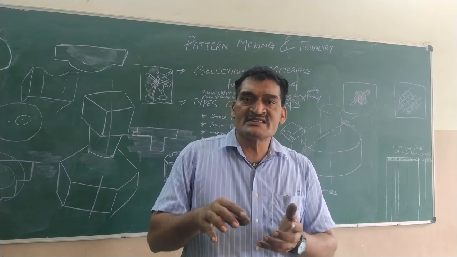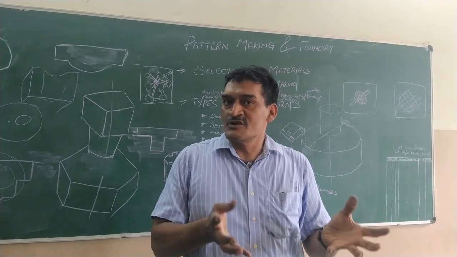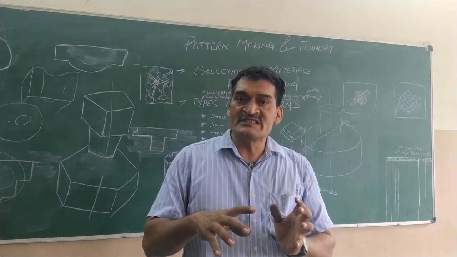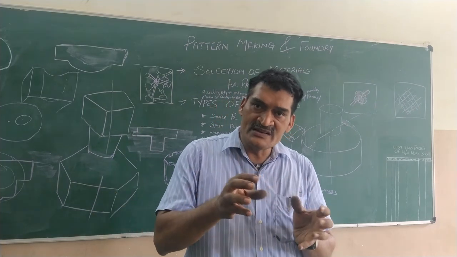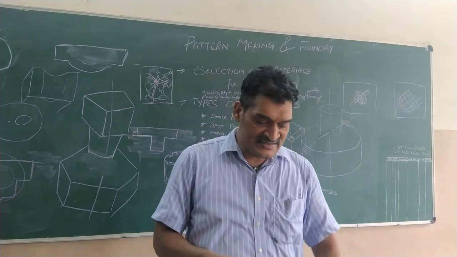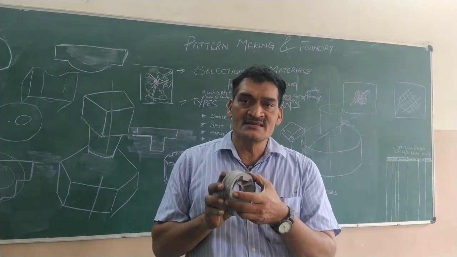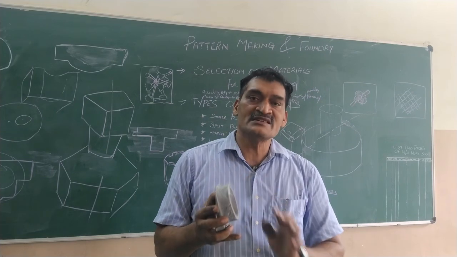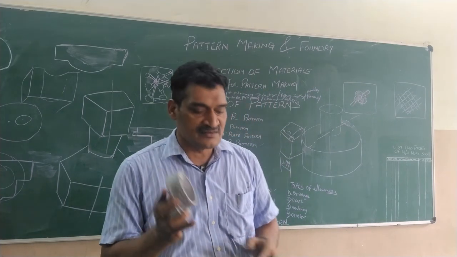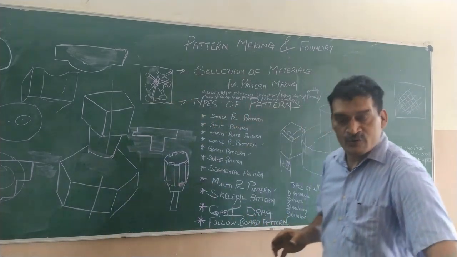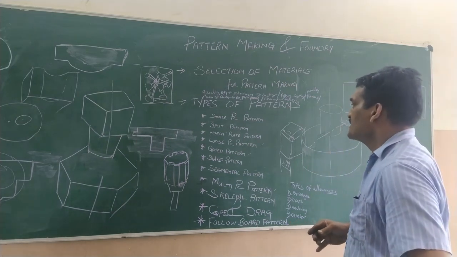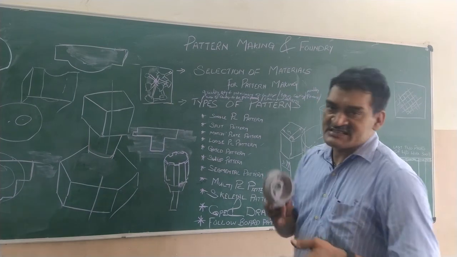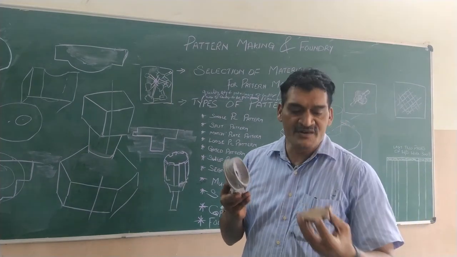If it is not easy to machine, then you have to change the whole pattern. So that is not feasible. So in order to make it feasible and less expensive, our pattern should be such that you can machine it easily. So it is machinable, or you can remove certain material. The next is the number of castings to be produced, which I have already told you.